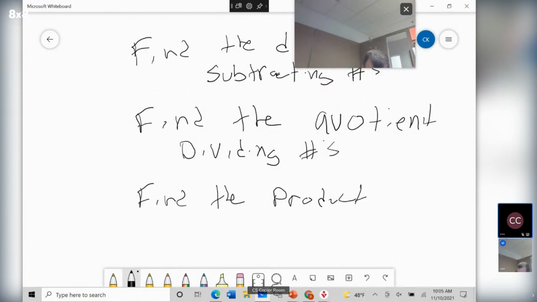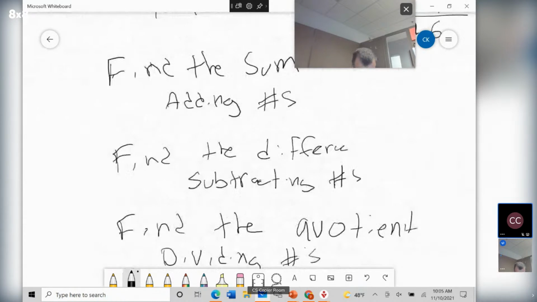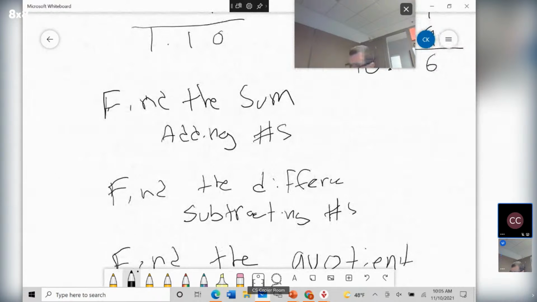And that means multiplying. So product is multiplying, quotient is dividing, difference is subtracting, and sum is adding.